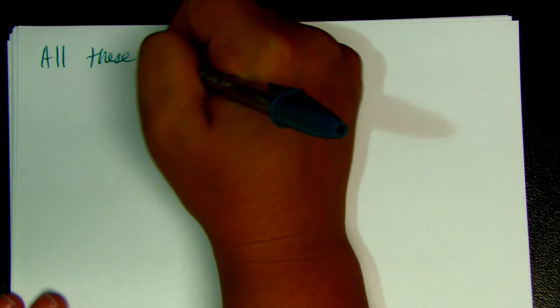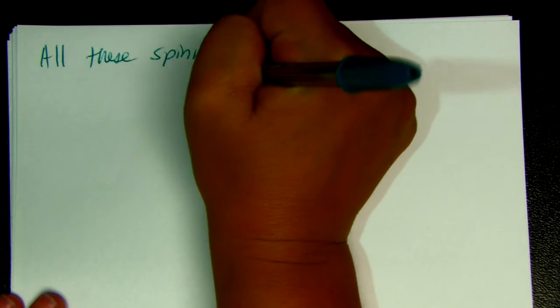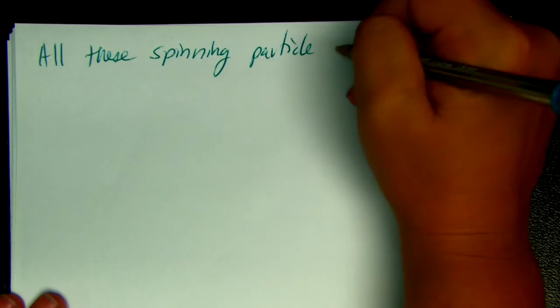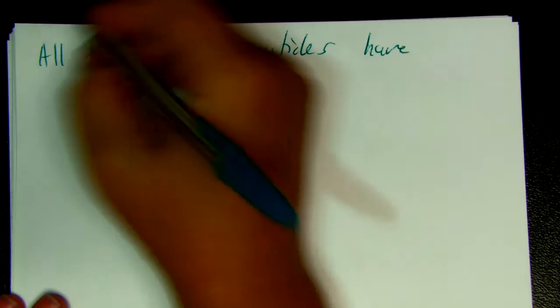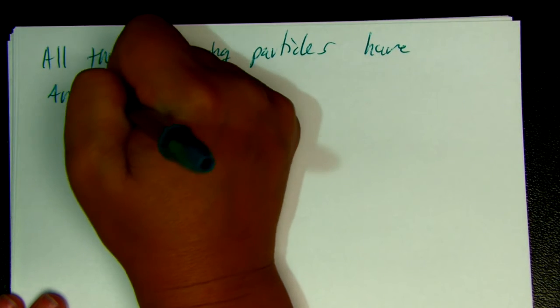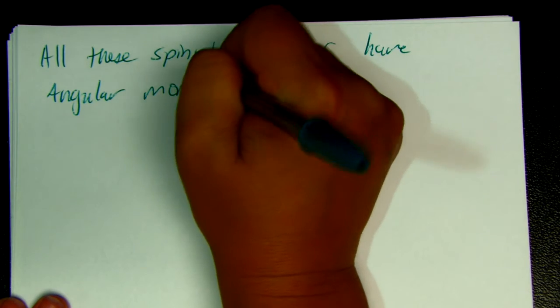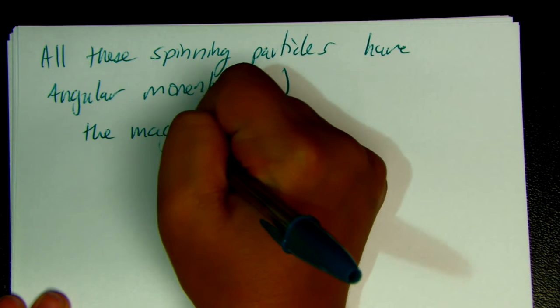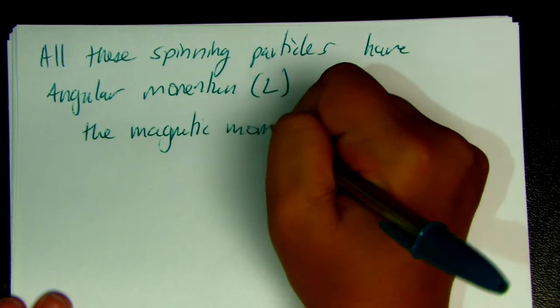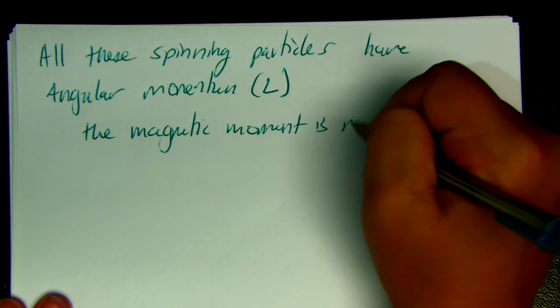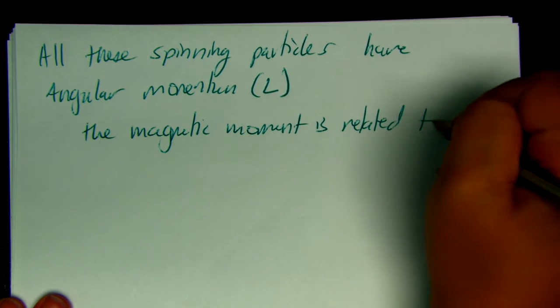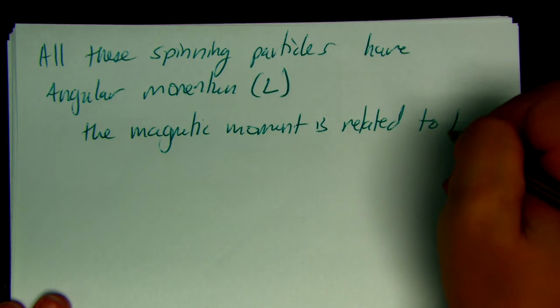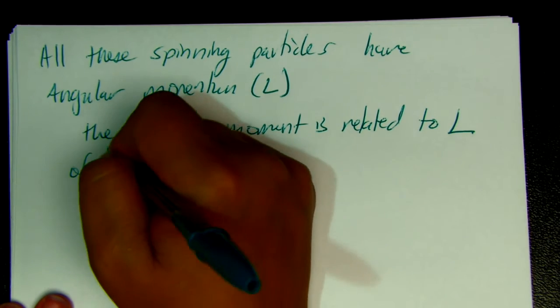So all these particles have angular momentum, L, and the magnetic moment is related to L of the particle.